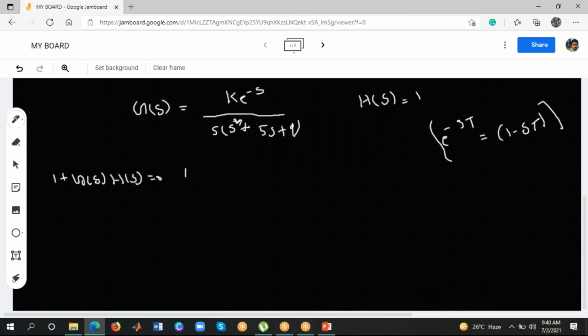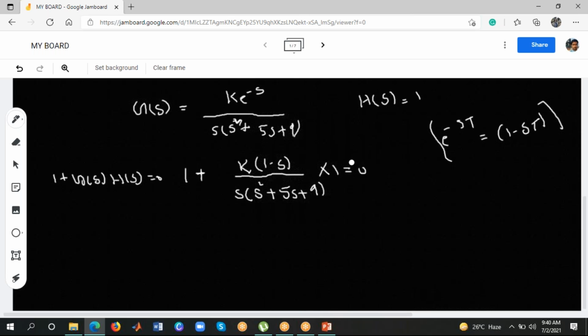Okay. So 1 plus k into, so instead of e power minus s I can substitute 1 minus s, divided by s into s square plus 5s plus 9 into 1 equals to 0.